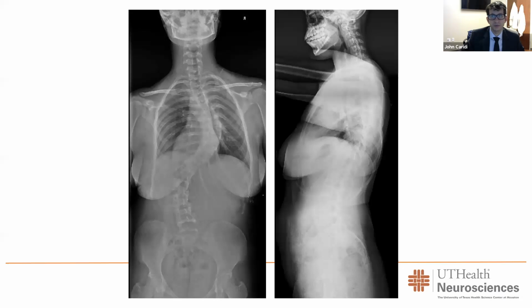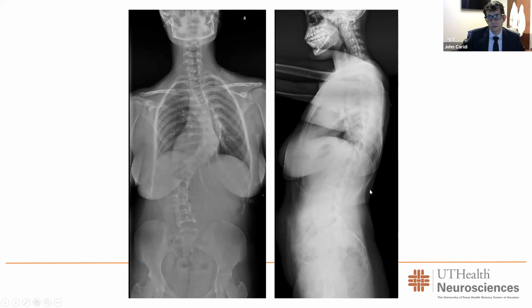And a classic example of that is seen in our adolescent population. So this is a young girl. We're obviously drawn to the coronal curve, but the thing that's most important in her is her lack of a thoracic kyphosis, and also her cervical lordosis is reversed and she is actually kyphotic.